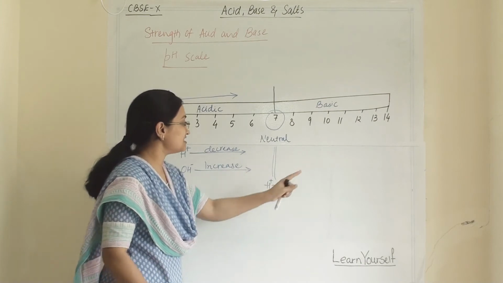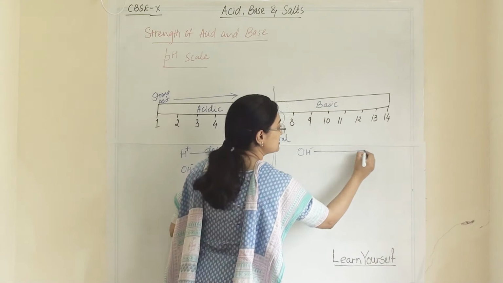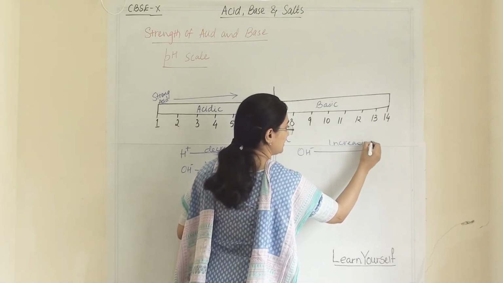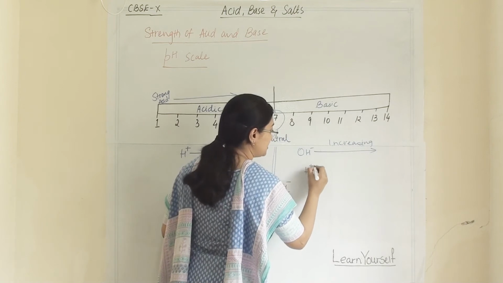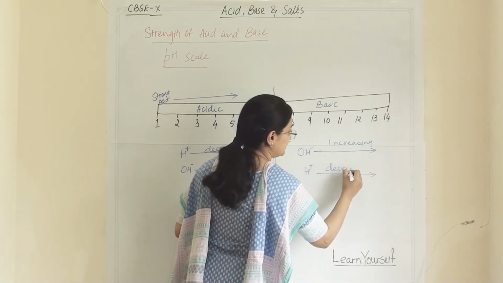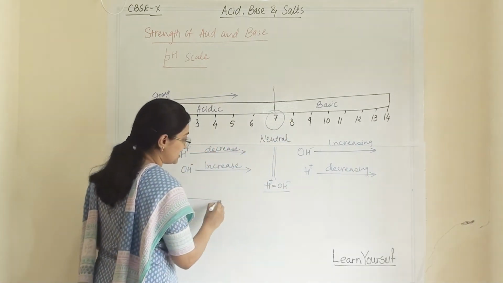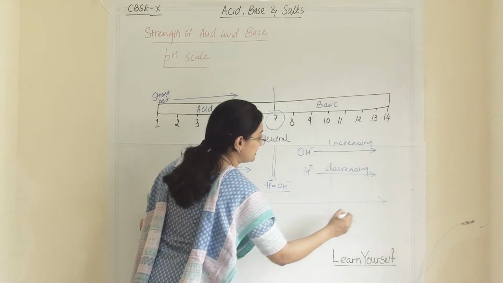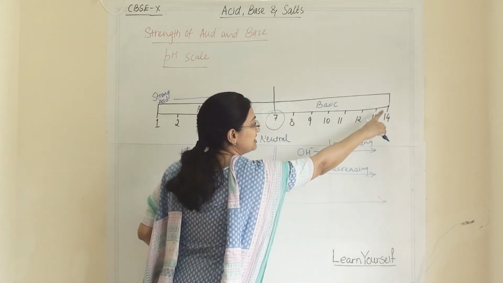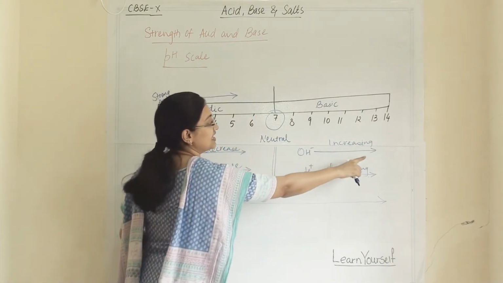Now after 7, the OH minus strength is continuously increasing and again the H plus strength is continuously decreasing. As you will see, the H plus strength is continuously decreasing from 1 to 14, and here it will be negligible, and OH minus is continuously increasing.